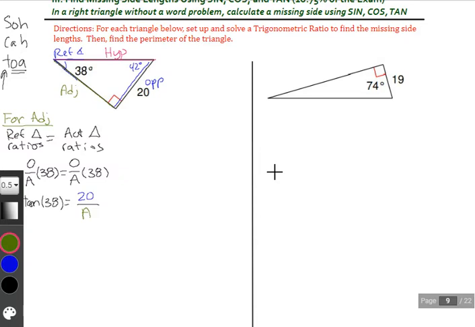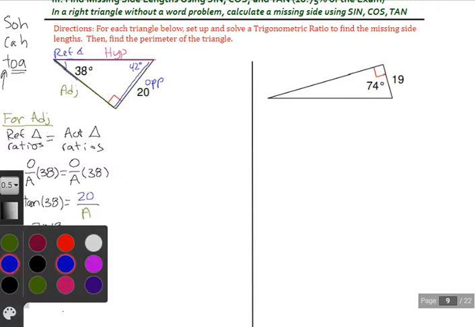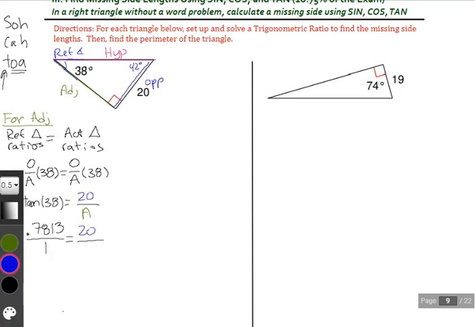Okay, so if we're going to do some calculations, we need decimals. So the tangent of 38 is going to be 0.7813, and that's going to be over 1. Is the same as 20 over A. So in this case, we're going to have to cross multiply and then divide both sides by 0.7813.